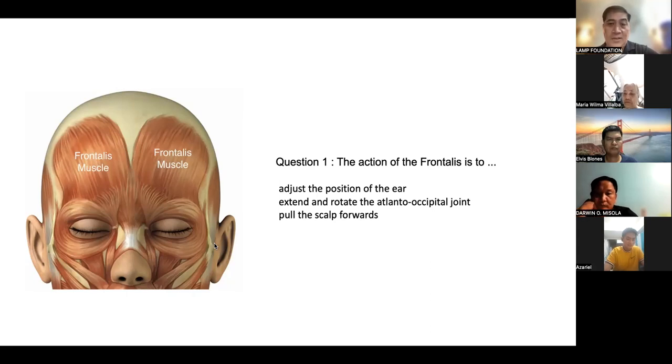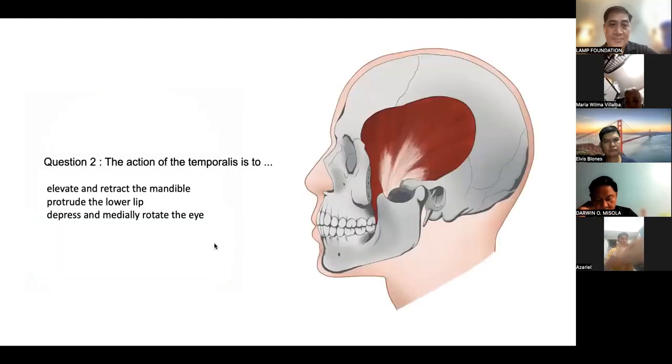Ma'am Lynn, good evening. Can you help out? The action of the frontalis is? Pull the scalp forward. Very good. The action of the temporalis? Elevate and retract the mandible. Yes. Sa location pa lang alam mo na ano function, di ba?